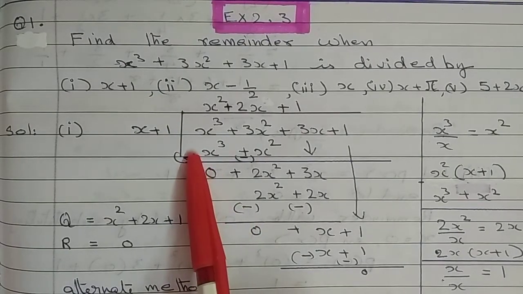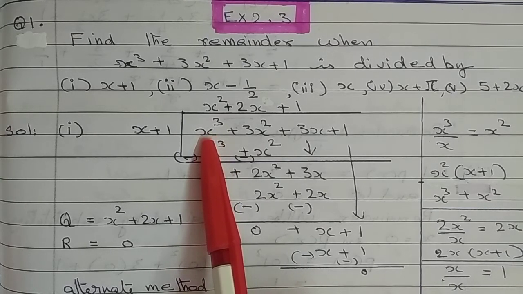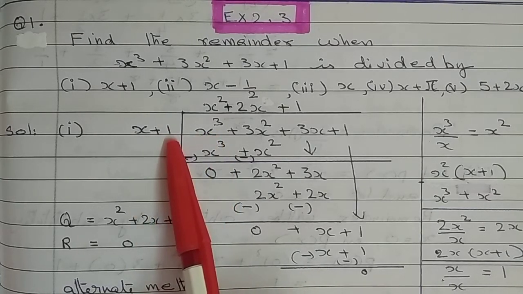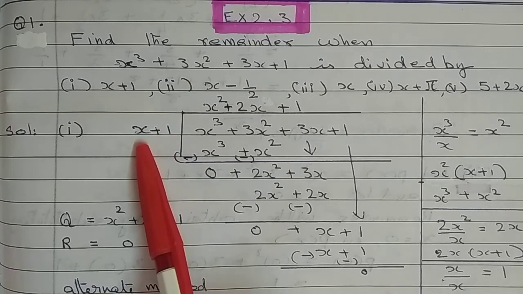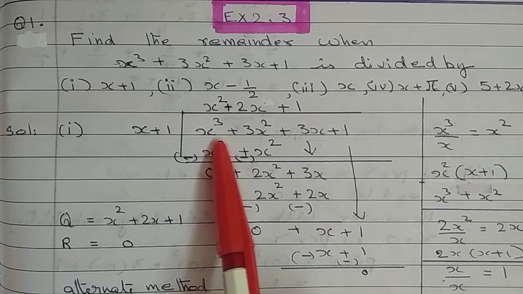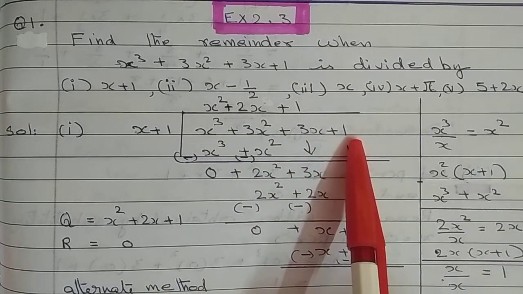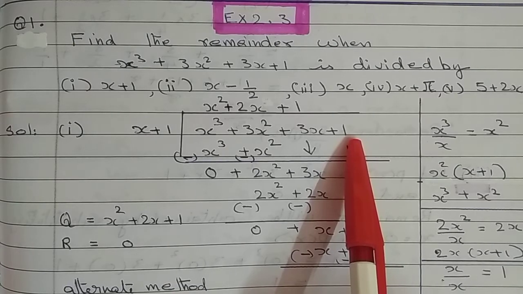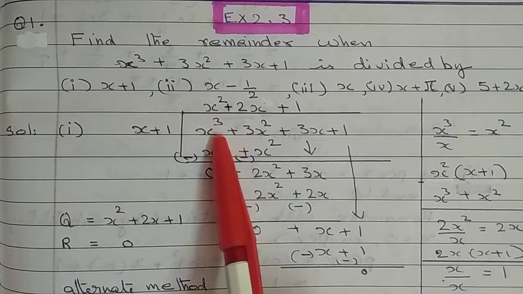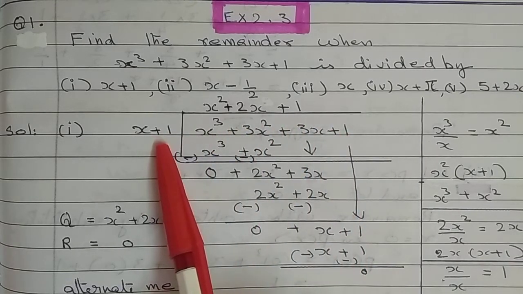First of all, let us see how to divide a given polynomial by a polynomial of the type x plus a. Here the divisor is x plus 1, and the dividend is x cube plus 3x square plus 3x plus 1. You have to divide x cube plus 3x square plus 3x plus 1 by x plus 1.